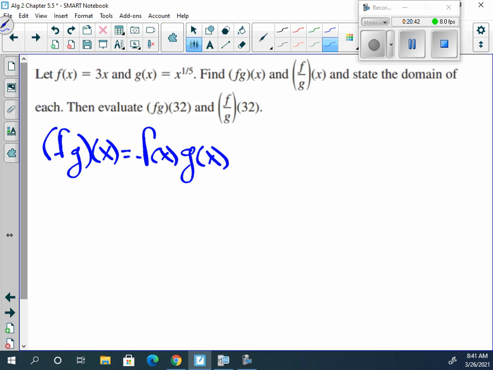Well, f times g of x is the same as f of x times g of x. In our case here, f of x is 3x and g of x is x to the 1/5. Any questions on this so far?